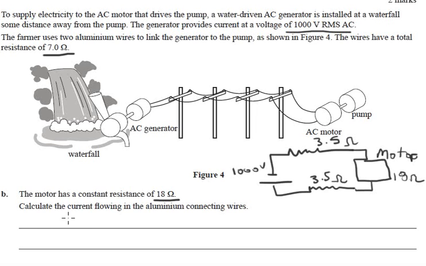Okay, calculate the current flowing in the aluminium connecting wire. So we have the total voltage. We also have the total resistance, because these have 7 between them and 18, so 18 plus 7. This is a series circuit, so we can just add the resistances together: 25 ohms.